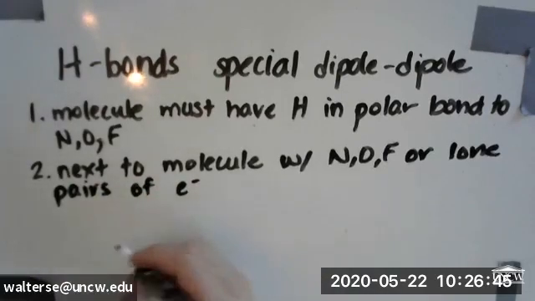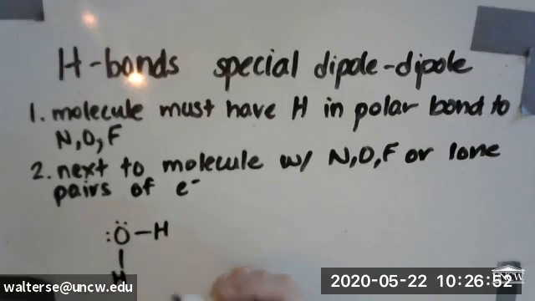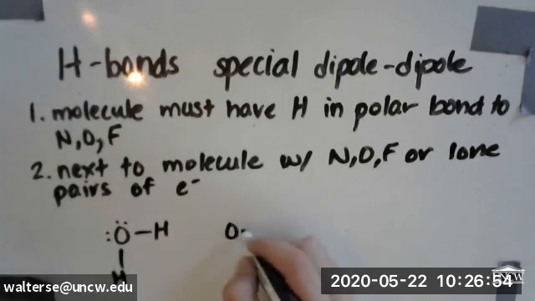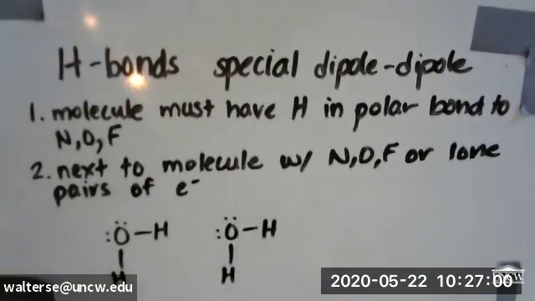The easiest example is to look at water. So this is molecule A, and it's going to interact with molecule B. So what you would do is you would recall that water is a bent molecule.